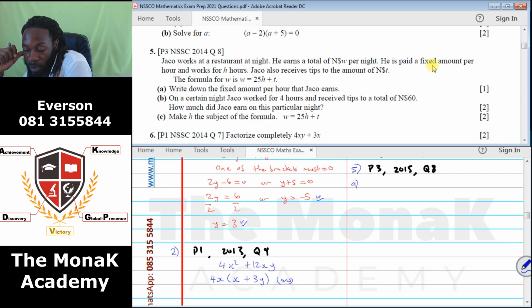Yako also receives tips to the amount of T dollars. The formula for his wage is W equals 25 times 8 hours plus T. Write down the fixed amount per hour that Yako earns.